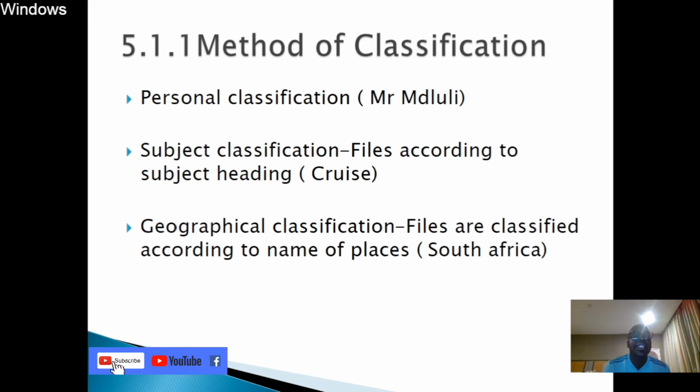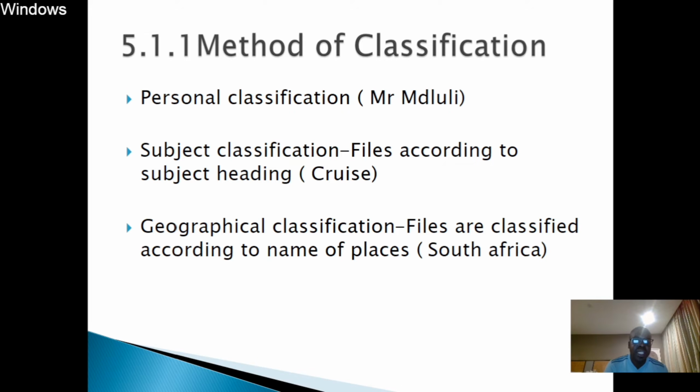So when you look at personal information, we have an example of Mr. Mdluli. The surname, it's Mdluli. So the information is going to be classified according to a surname. Subject classification, files will be classified according to subjects such as cruise, car rental, cash receipt journal, cash payment journal.